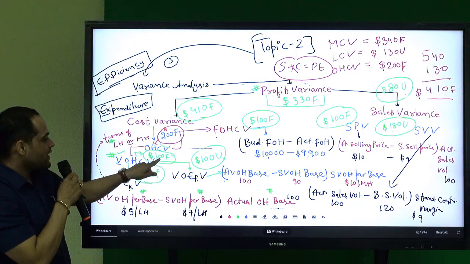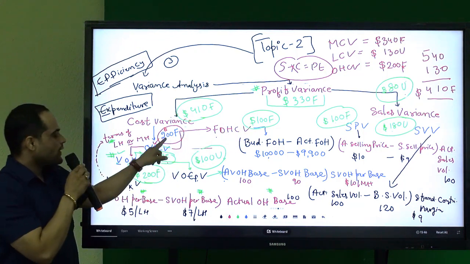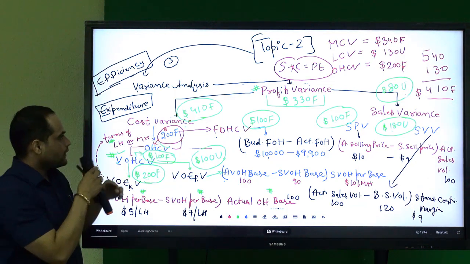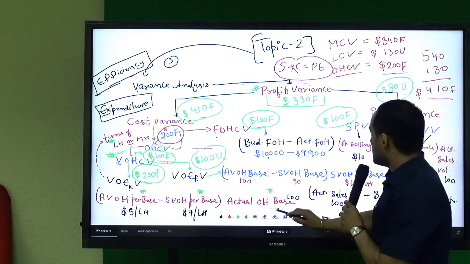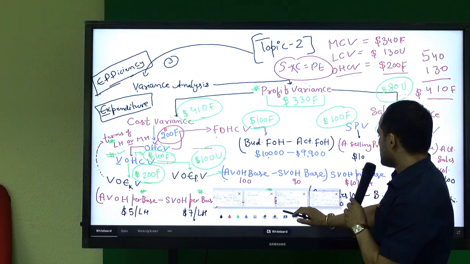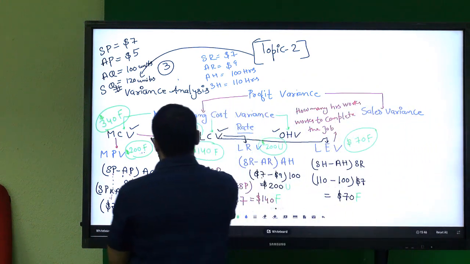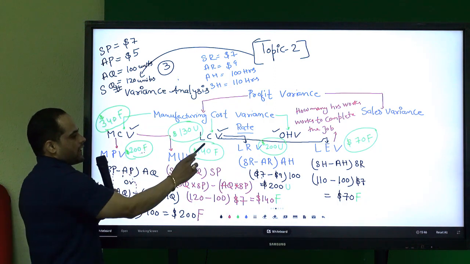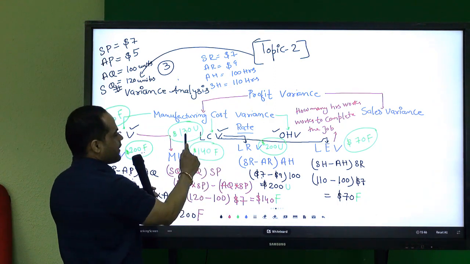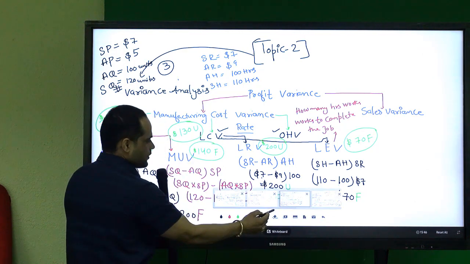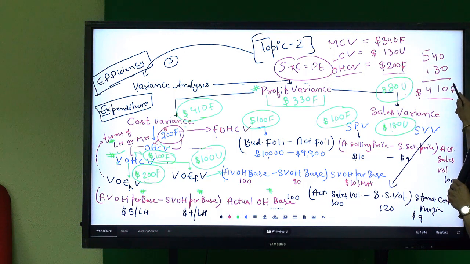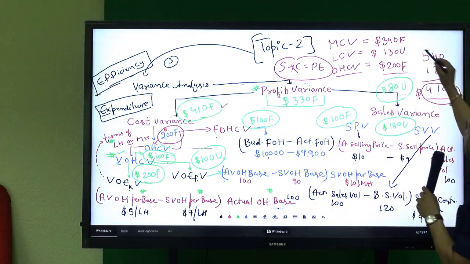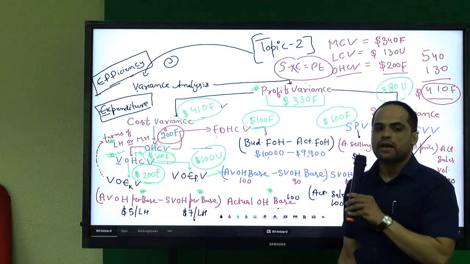So my overhead cost variance is 100 plus 100, both are F, that's why 200 F. If you go back to the material cost variance and labor, my material cost variance is 340 F, and my labor cost variance is 130 U. So 130 U, 200 F, 340 F: 410 is my cost variance, F. So 410 F is my cost variance.